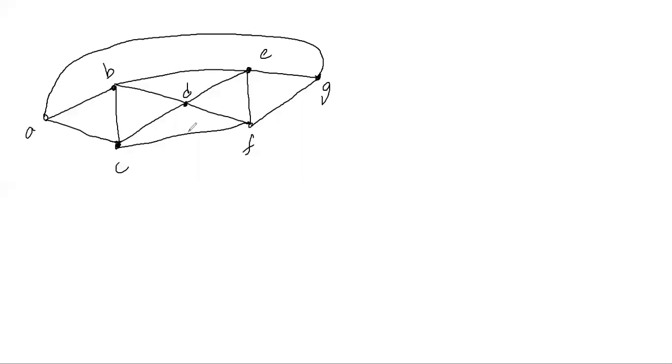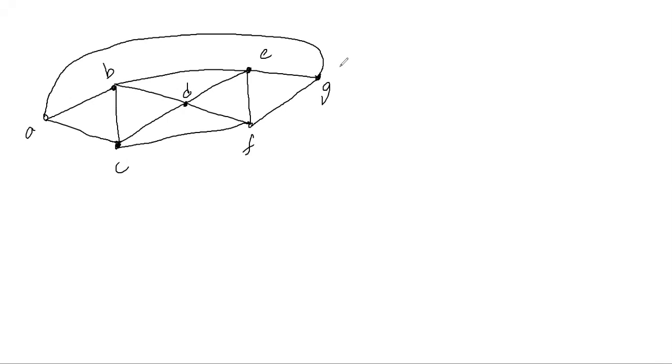For this graph, you have to color. Now it is your choice. You can give any colors, but the condition is no adjacent vertices get the same color. For example, I'll try to give some.